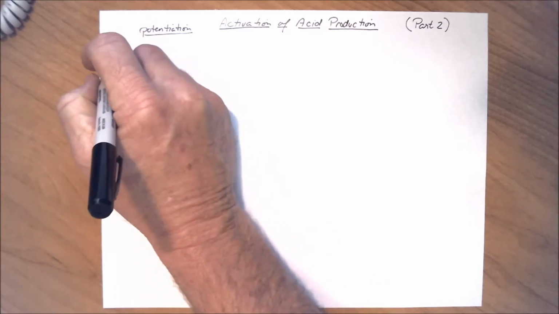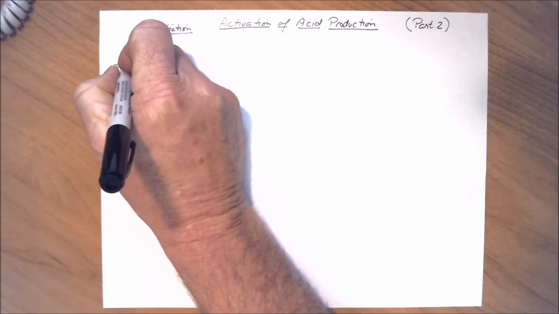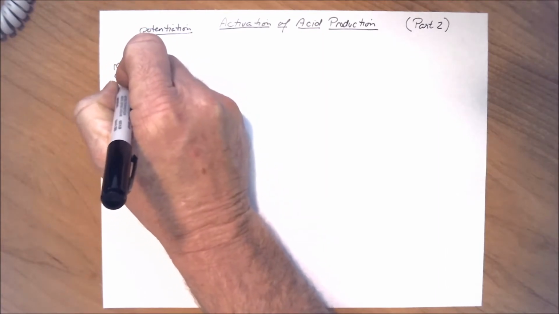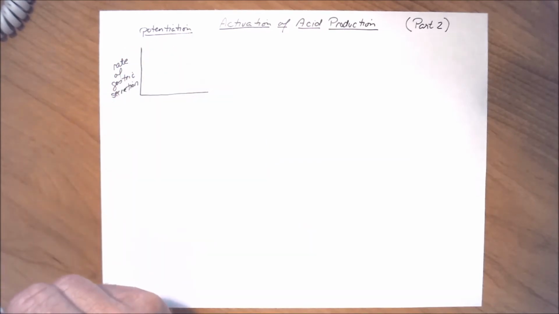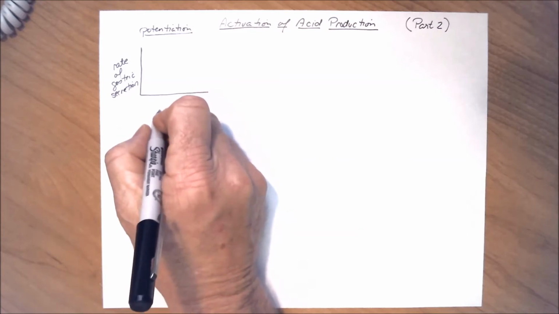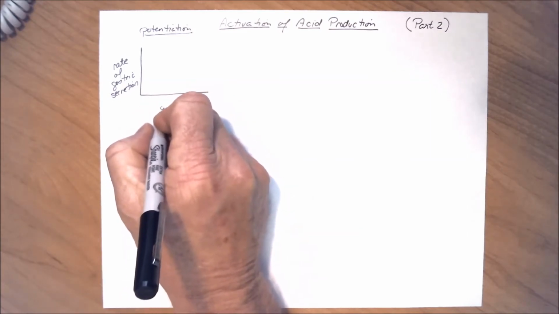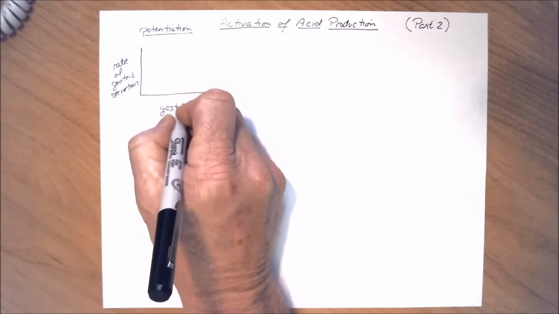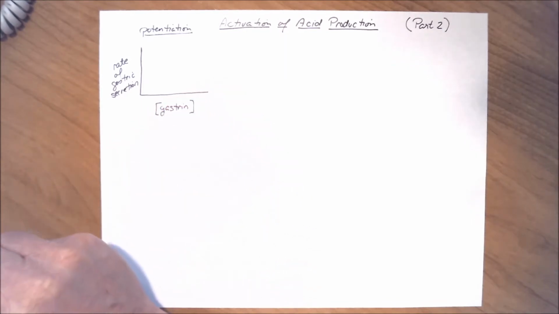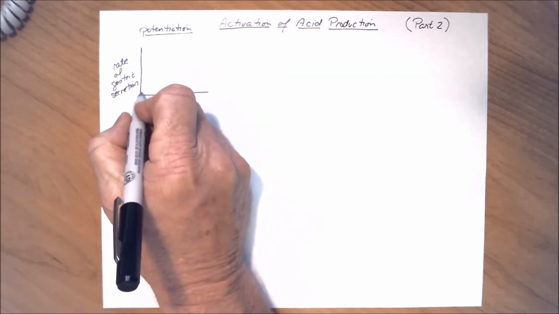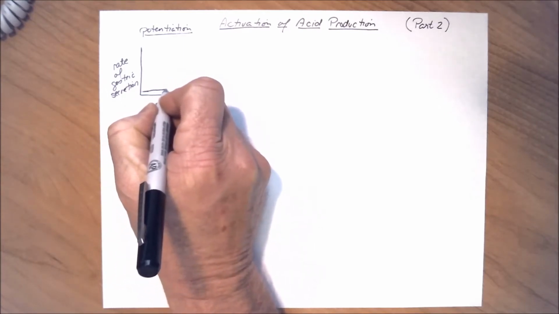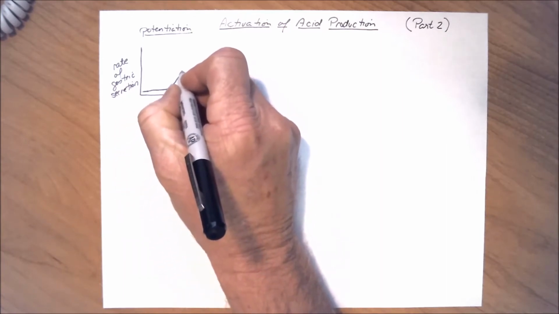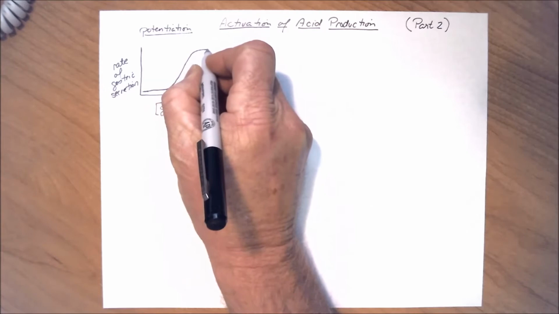If we look at the rate of gastric secretion and compare it with increasing concentrations of gastrin, the hormone coming from the G cells that induces acid secretion, we will see that gastrin has a very small effect at low concentrations, and then as the concentration rises, we get the full effect of gastrin.